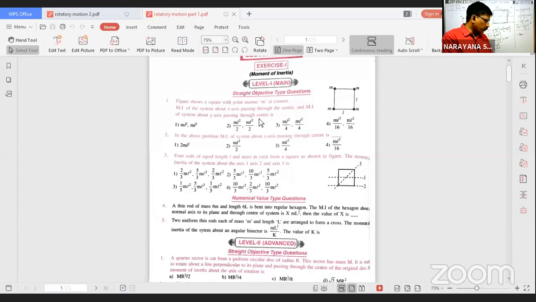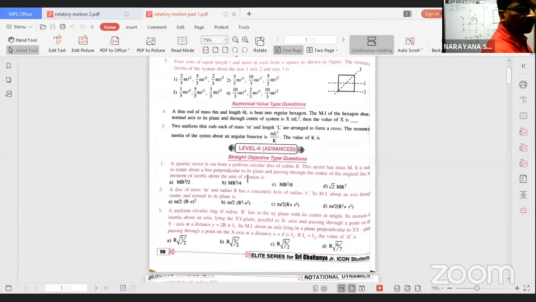Right. Next, which problem do you need? In level 2, you see. In level 1, I think it is completed. Okay. Varshit Reddy, in level 2 or level 1?